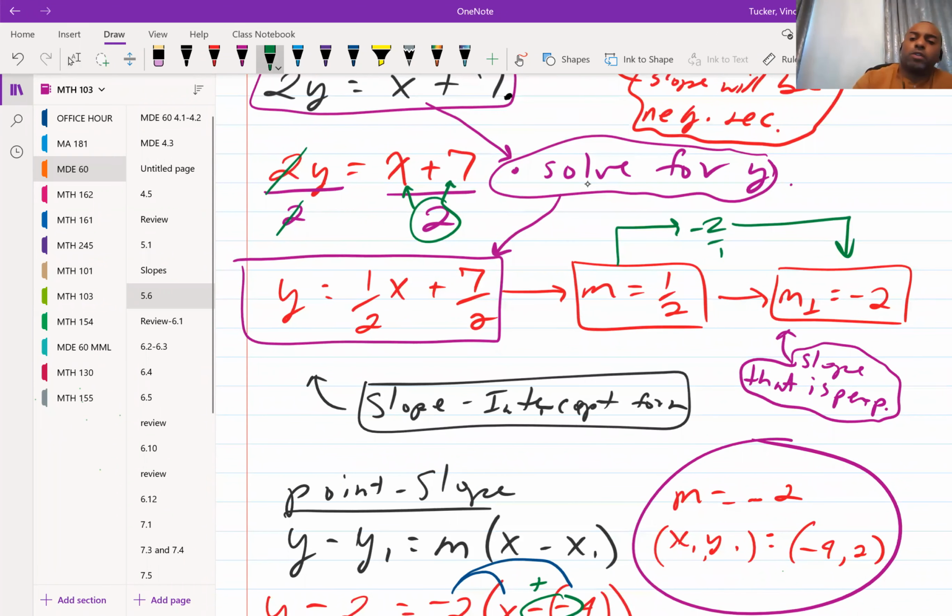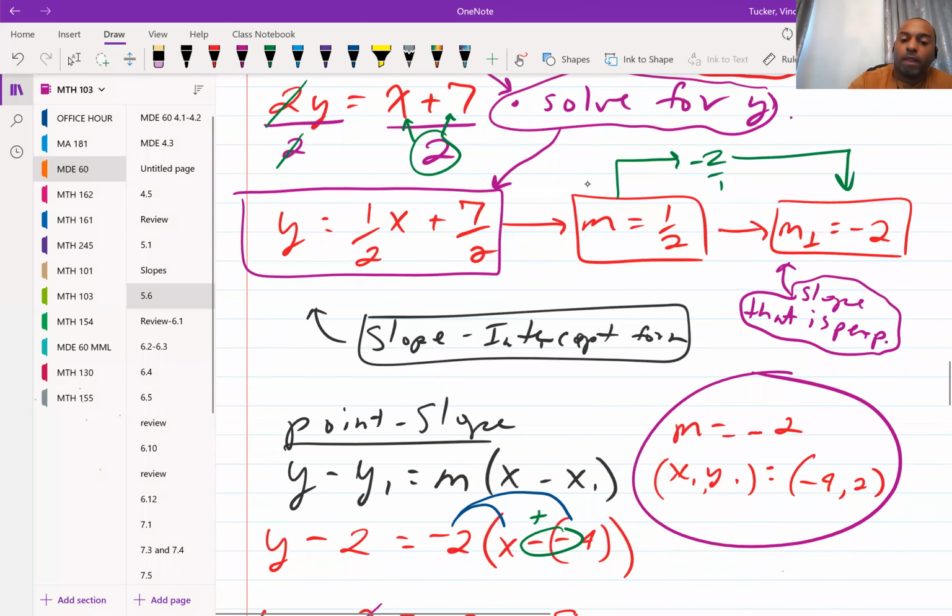So now that we have a slope, which is -2, and we have a point which was given, (-4, 2), we can use our point slope formula. Y minus y1 equals m times x minus x1, and plug in accordingly. Y1 is 2, m is -2, and then x1 is -4.